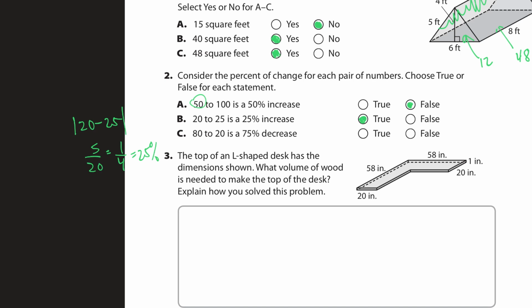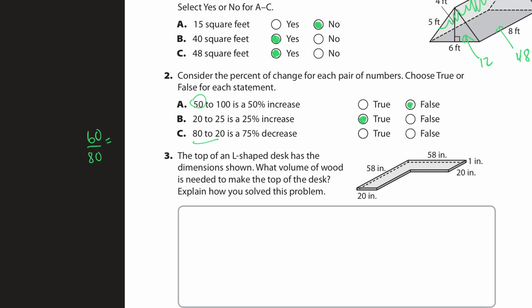Next, 80 to 20. Okay, I'm going to do this in my head a little bit. The difference from 80 to 20, if you subtract those, it's 60. 60 divided by the original number 80, which simplifies to, we'll divide them both by 20.